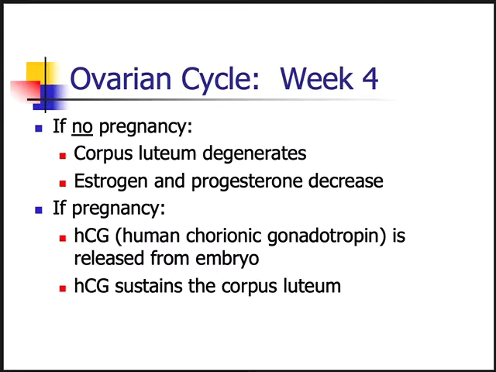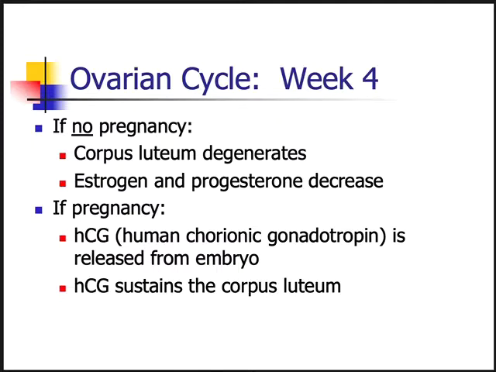So this is why your corpus luteum doesn't degenerate, but persists for 8 to 12 weeks. So during this time, as HCG is being released from the embryo and the corpus luteum is doing the production of progesterone to keep the endometrium layer, the embryo will also start to make progesterone.